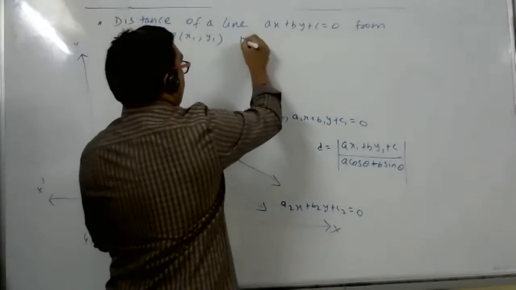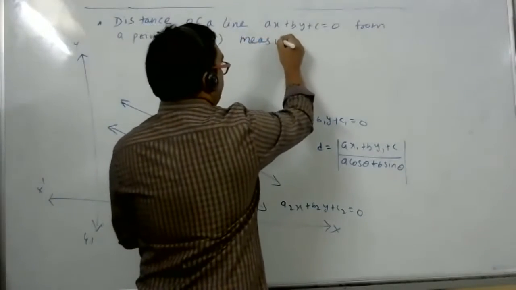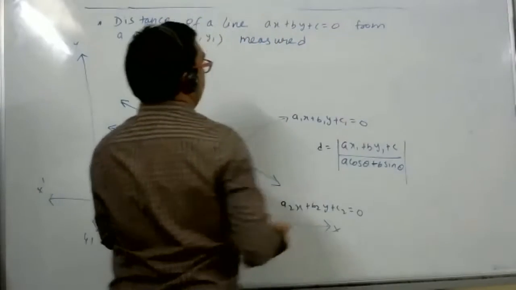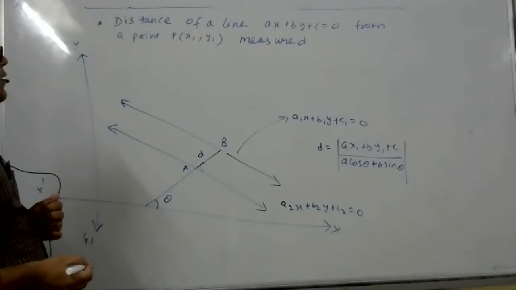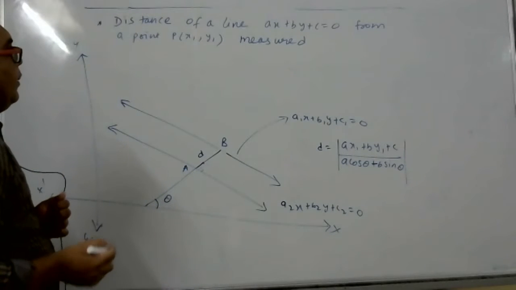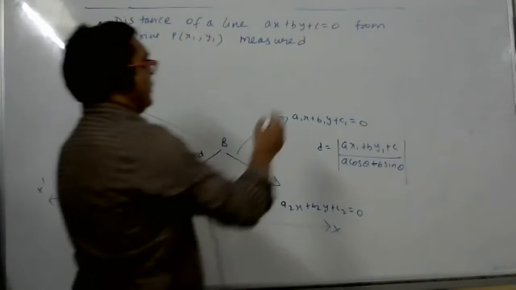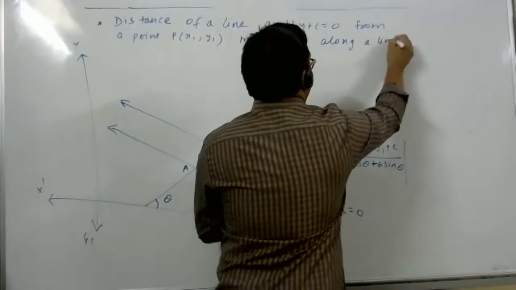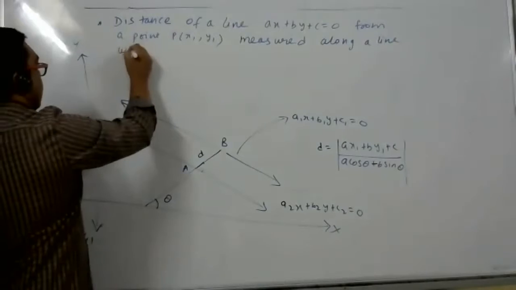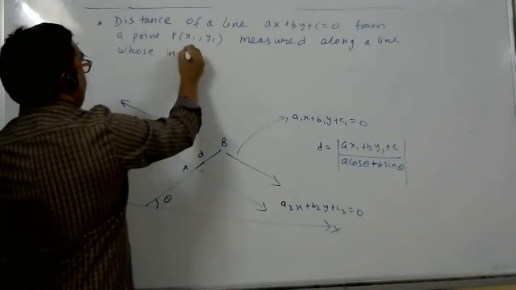Sir, did you just skip the proof? I wanted the proof. Distance of a line ax plus by plus c is 0 from a point P(x1, y1), measured along a line whose inclination is theta.